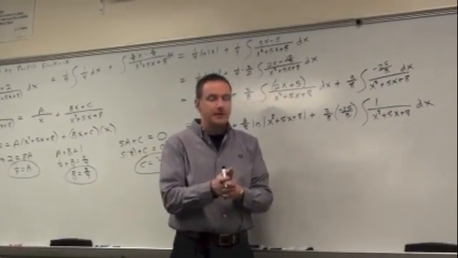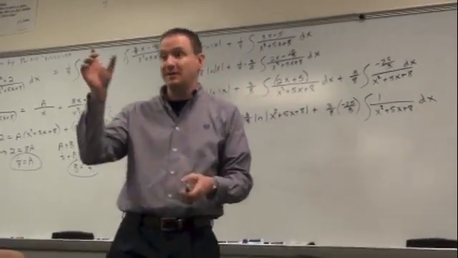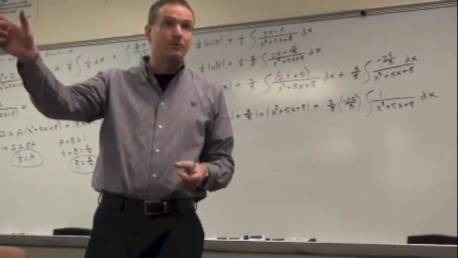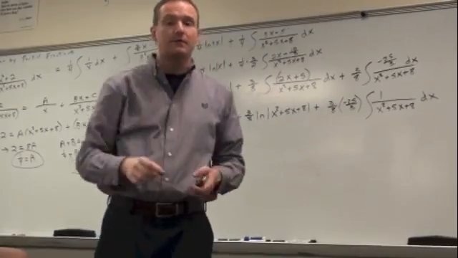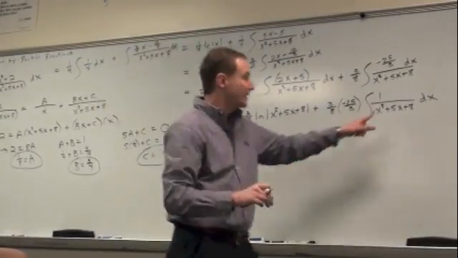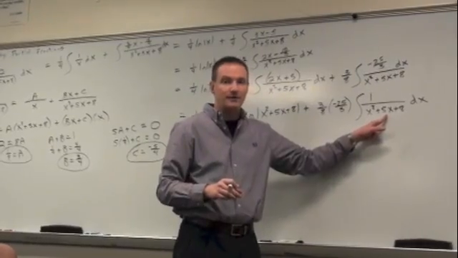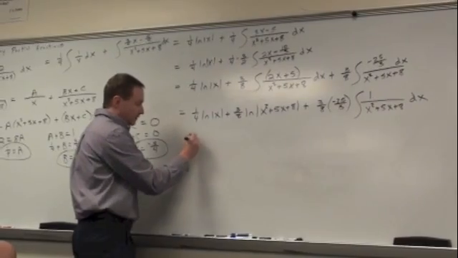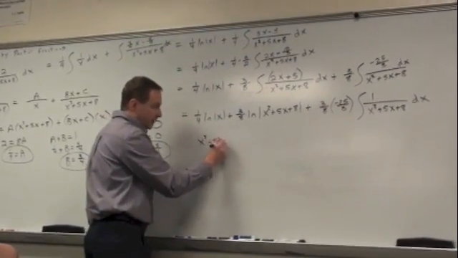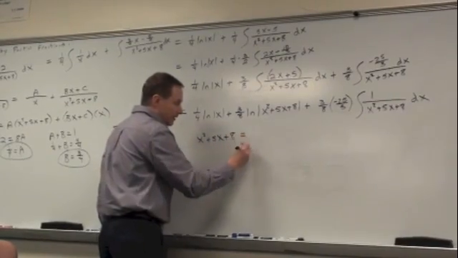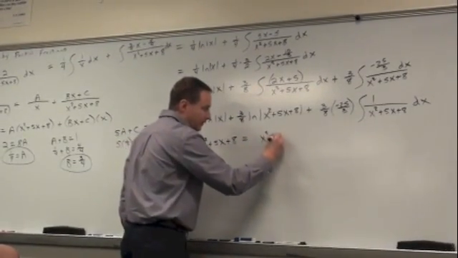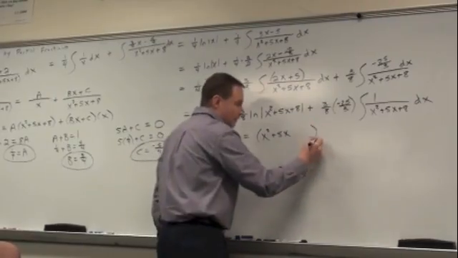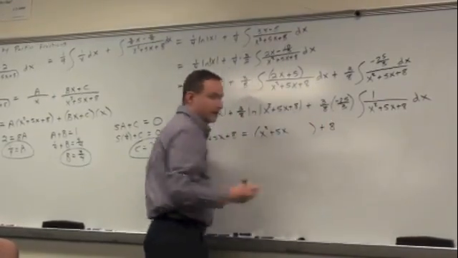So I can say, in order to get the inverse tangent function, I need a variable or a group squared plus some constant squared. You can get to that by just completing the square on this. So I'll say, okay, I'm going to work with that x squared plus 5x plus 8. That's equal to x squared plus 5x plus 8.